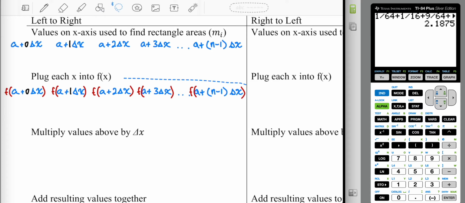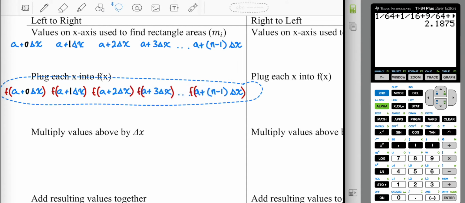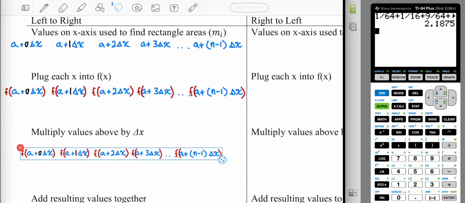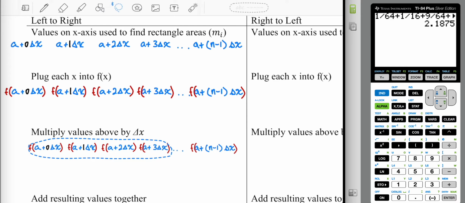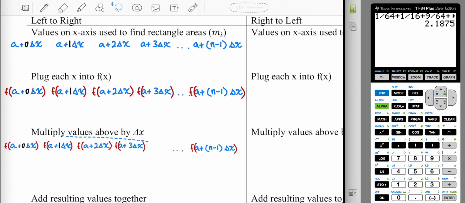All right, so I'm going to copy, paste. I'm going to shrink it down a little bit and give myself a little bit more space. Move some things.